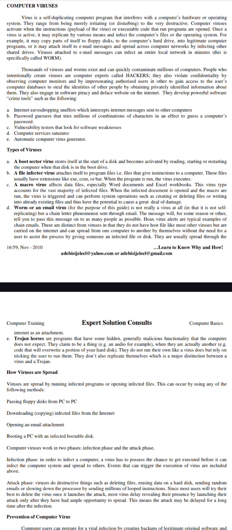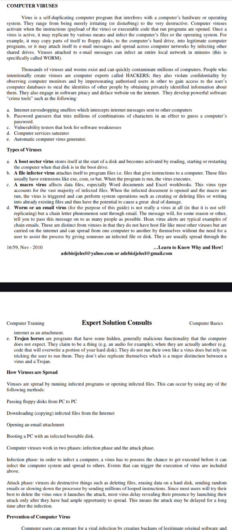They do not run on their own like a virus does, but rely on tricking the user to run them. They also do not replicate themselves, which is a major distinction between a virus and a trojan.